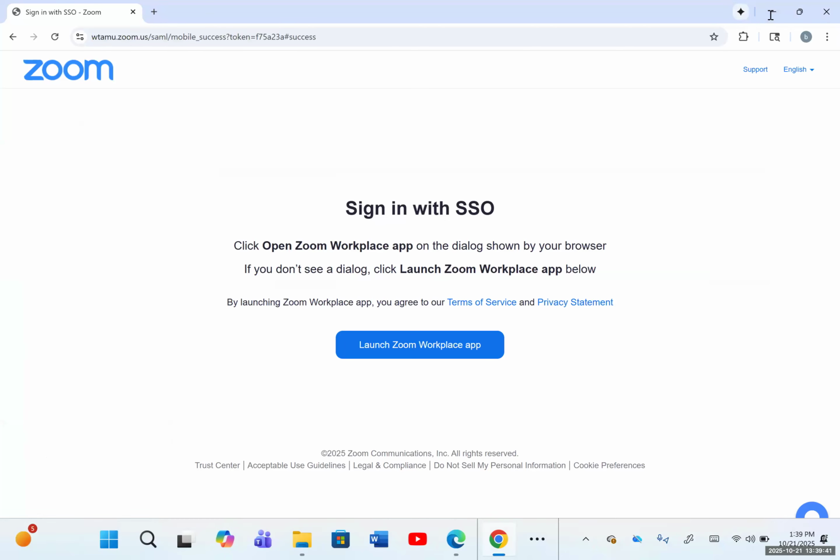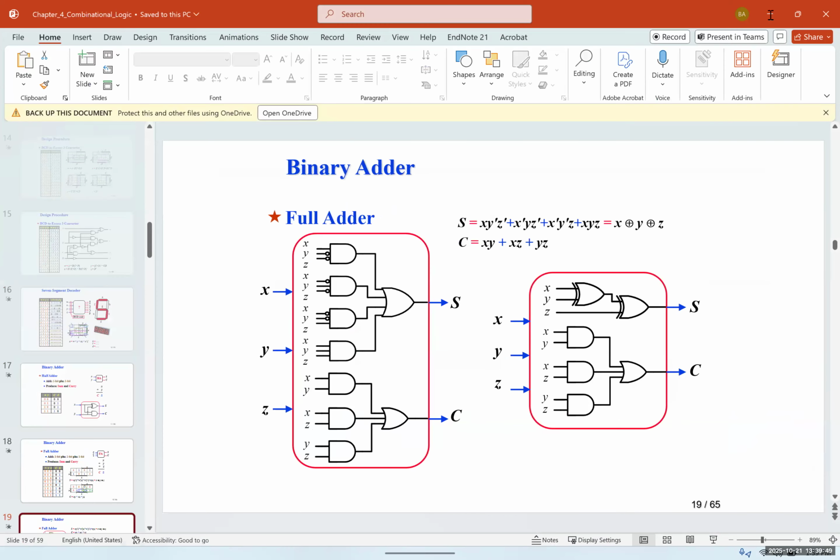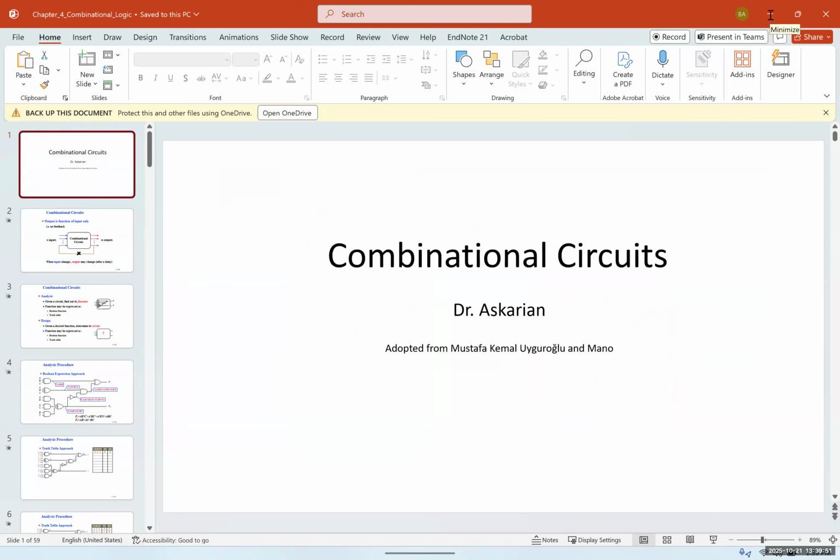And for the next chapter, we want to get to combinational circuits. So whatever we learned so far, we usually had 1, 2 stages of logic gates, and all of them were combinational logic circuits, or what we call combinational circuits.